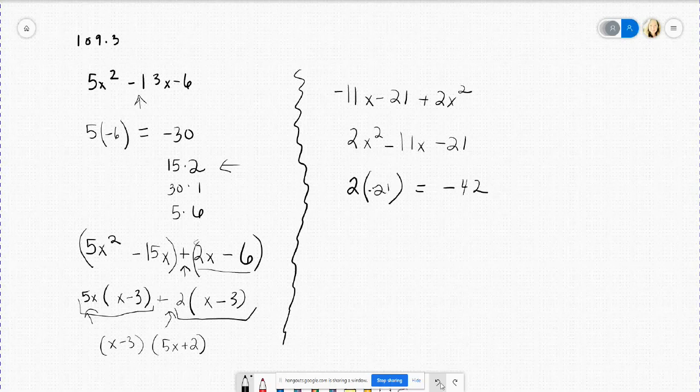Okay, what are the factors of 42? 21 and 2. 7 and 6.